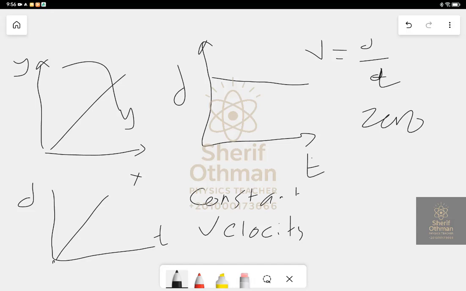The ratio itself is constant, and the regular change makes a constant ratio. The ratio represents the speed or velocity, so it's constant. While this graph represents a variable velocity, as it's a curved slope. So the curved slope represents variable or changing velocity.